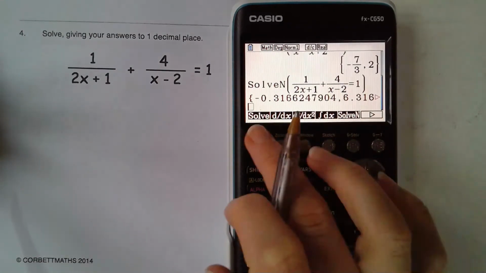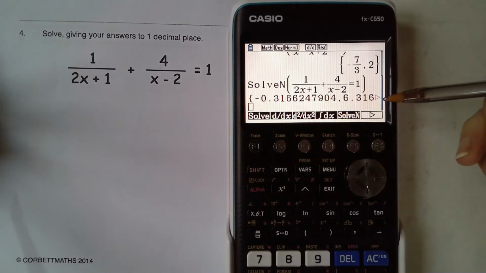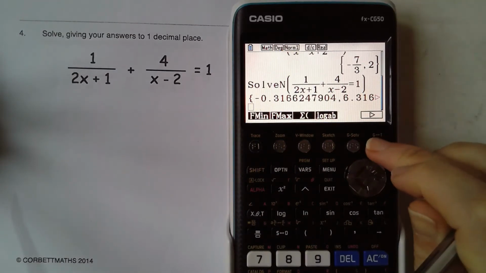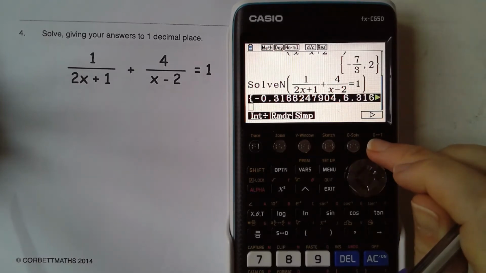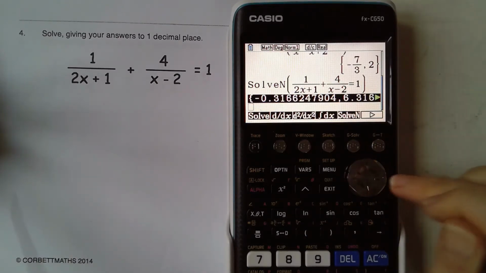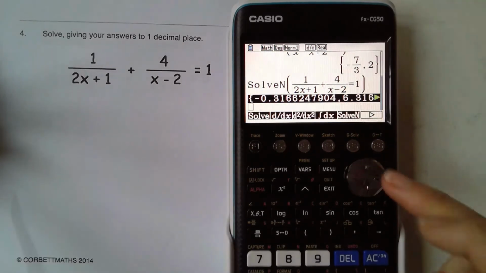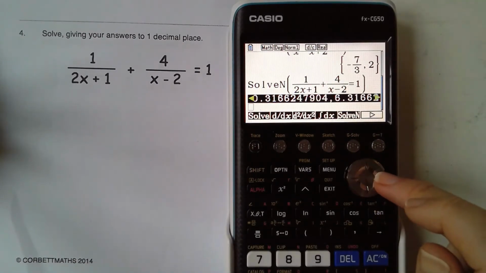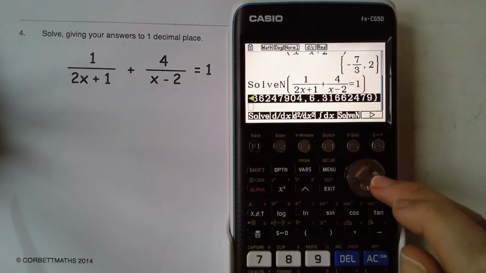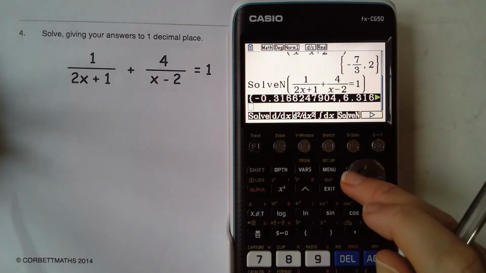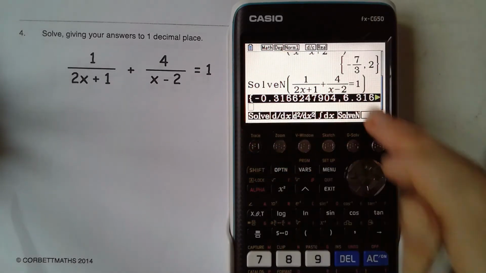Okay, so here we go. Now here I have a purple or a pinkish arrow, and that means that if I go up to my solution, I can see more to the right. But if you push this arrow here, it just changes the menu. What it wants you to do is scroll to the right. Now it can be quite tricky to see those answers. So now I'm on there in black.